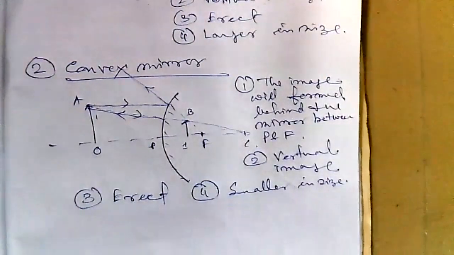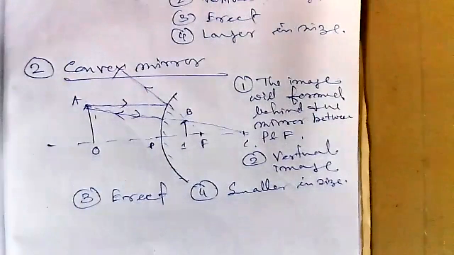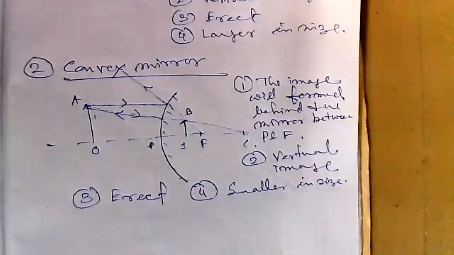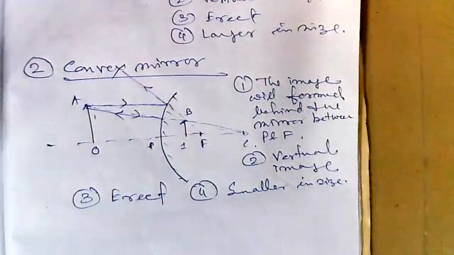So these are the image formations with different types of spherical mirrors, at different positions of the object.